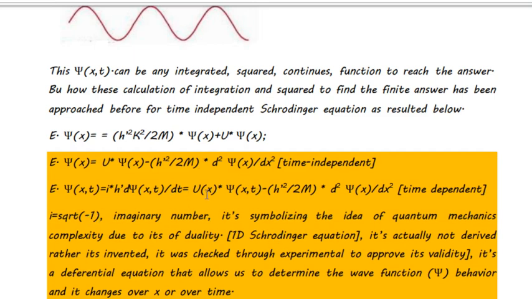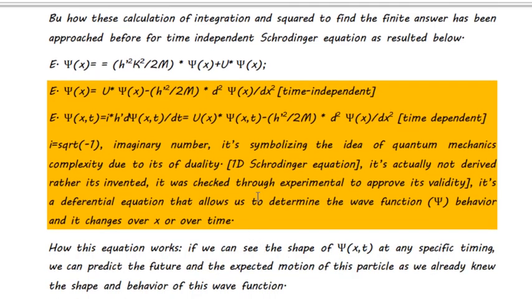So this is the one-dimensional Schrodinger equation, either time dependent or time independent. It's actually not derived, rather it's invented. It was checked experimentally, and it was approved through many rechecks and experiments until Schrodinger approved the validity of this equation.